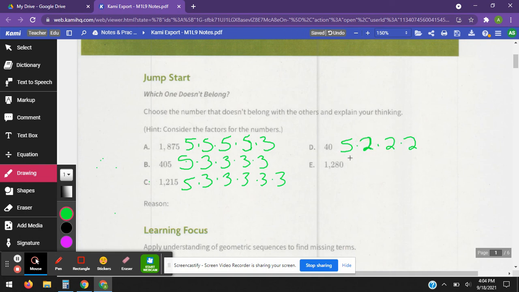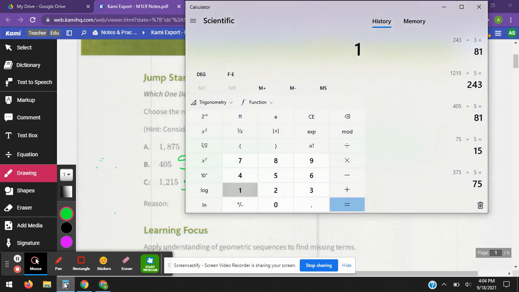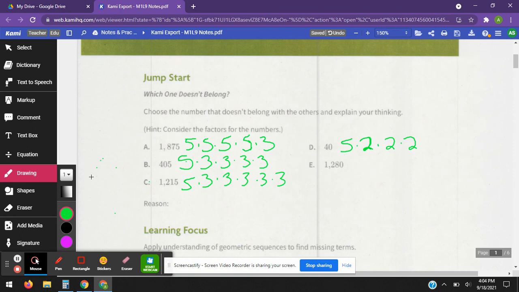And then 1280, let's just divide by 5 on this one. 1280 divided by 5, 256. Oh, sorry.